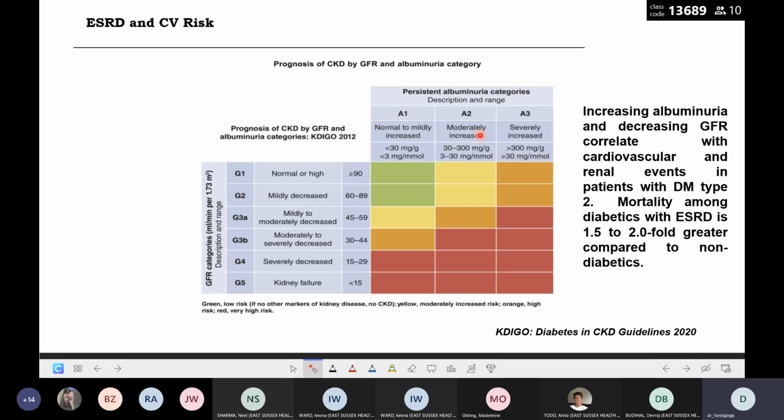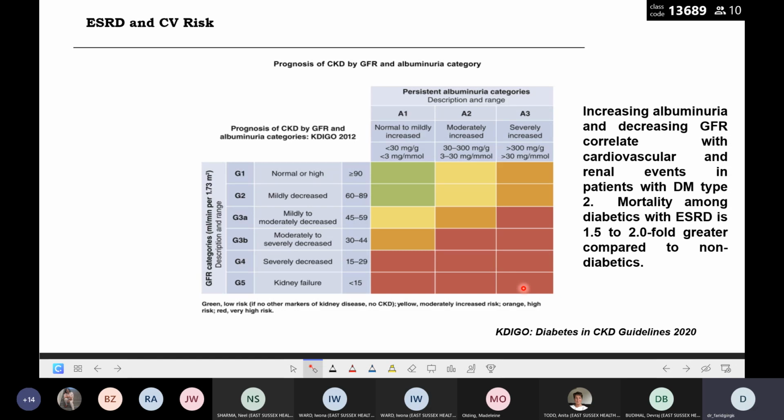And if you look at this figure, you can see we have changes in the color. As the stage of chronic kidney disease increases, the red color starts to appear. This indicates increased mortality. And the same also if we go transversely with increasing amount of proteinuria. So the highest risk is here, a patient with chronic kidney disease stage 5 and heavy proteinuria.